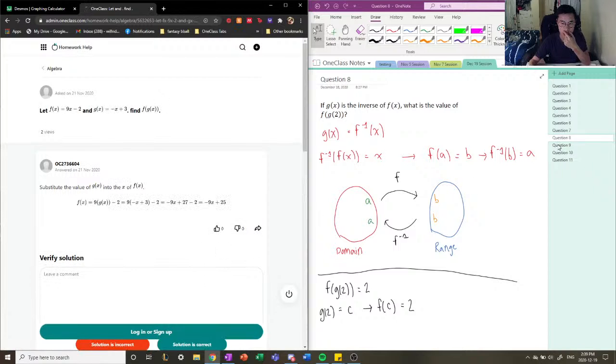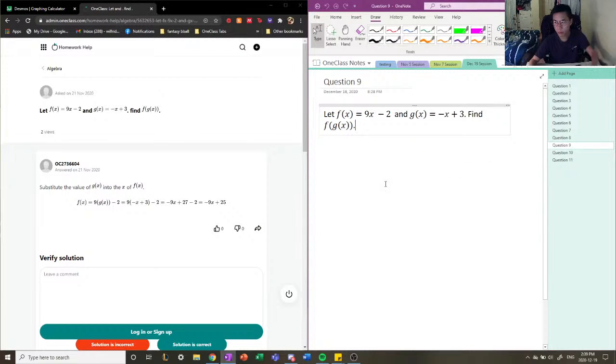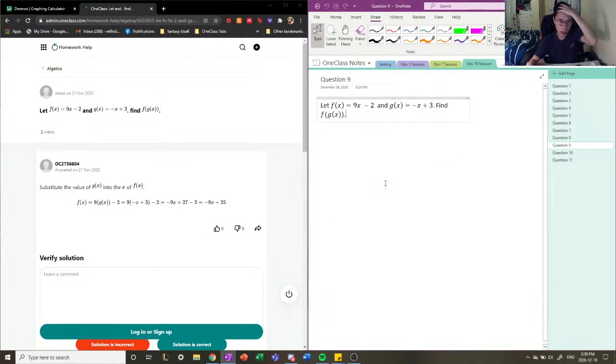Alright, so let's continue on with compositional functions. Let f of x equal 9x minus 2 and g of x equal negative x plus 3. Find f of g of x. How compositional functions work, and I'll describe it in more detail now, is let's say that this is the domain of g.